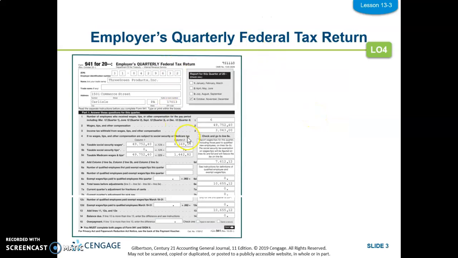And then quarterly, I have to file this Form 941, and it's due on the following month after the end of the quarter. And the quarters end March 31st, June 30, September 30th, December 31st. And I just have to kind of methodically go through here, but it's reporting the federal income tax, Social Security, and Medicare tax to the government.